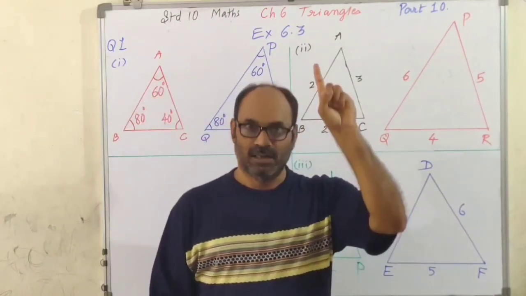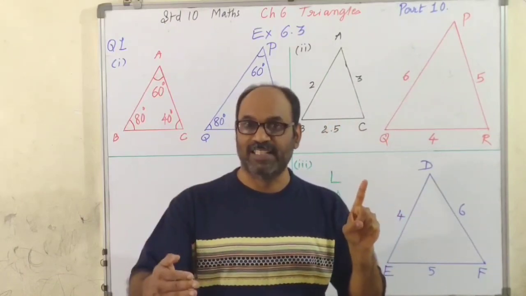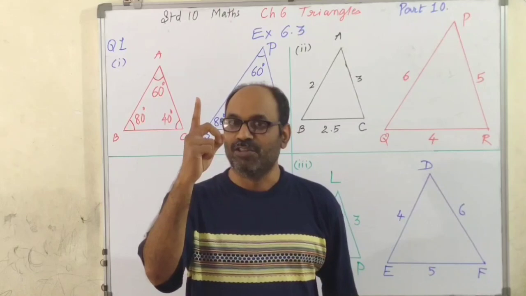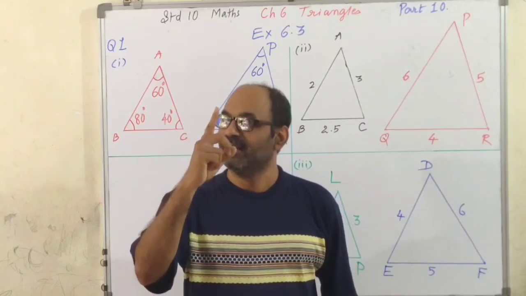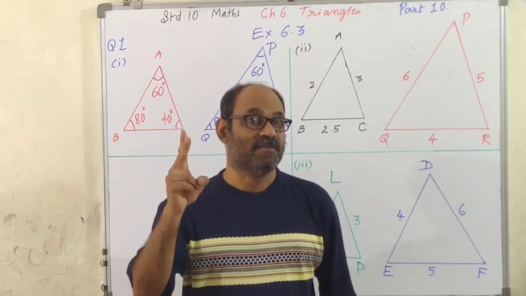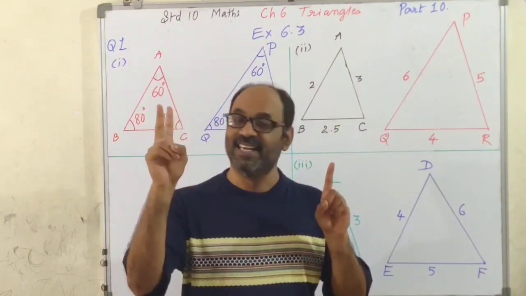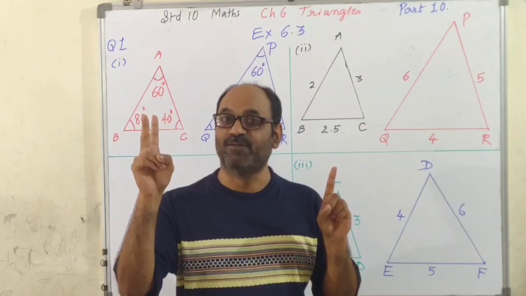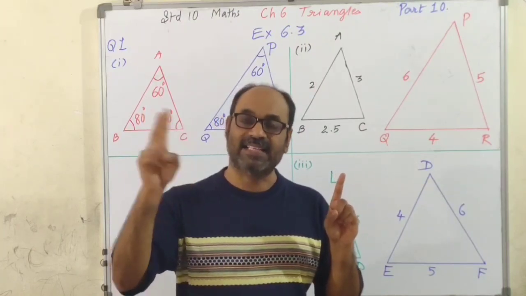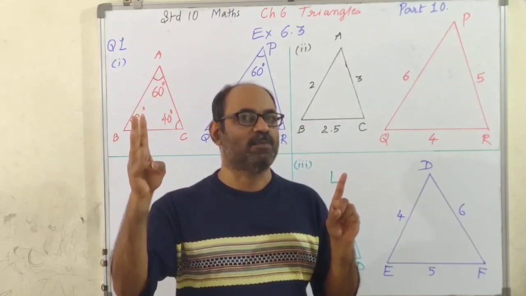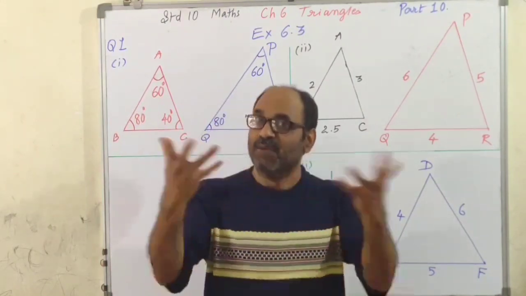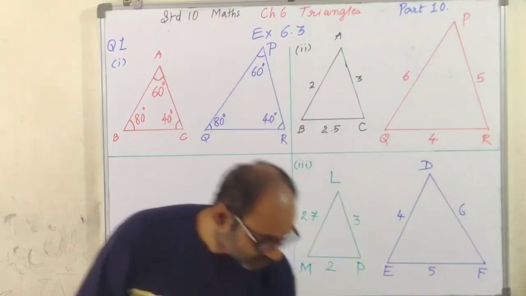Number 1, definition: corresponding sides are in proportion, corresponding angles are equal. Number 2, theorem 6.3, AAA. Number 3, theorem 6.4, SAS, and theorem 6.5, SSS. Alright, let's see which one is fulfilled.